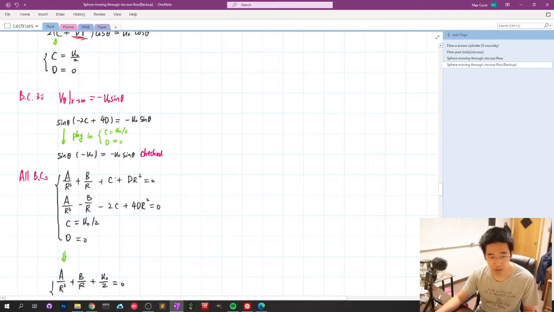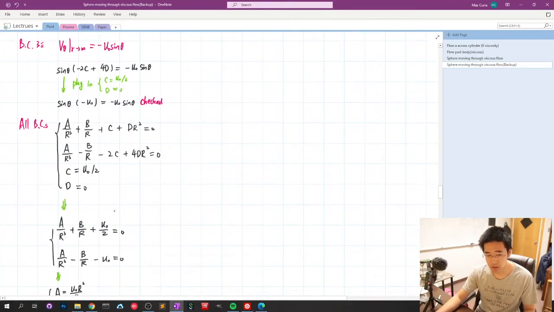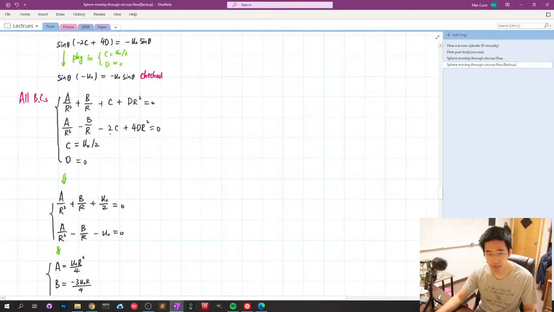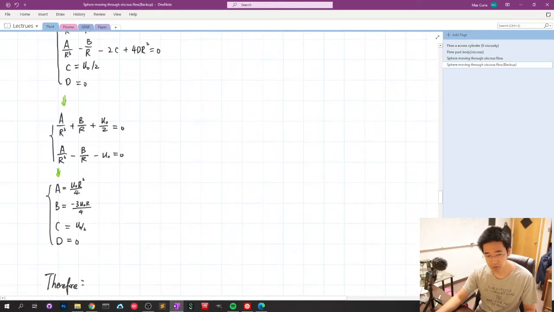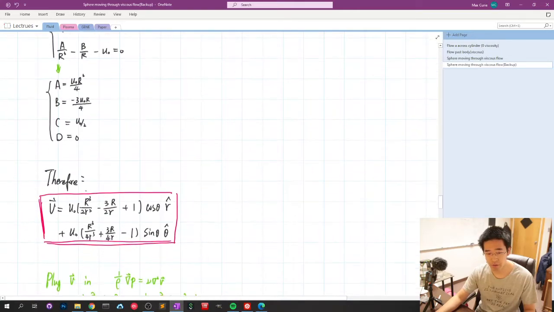Great. So now we have all 4 equations, and we have 4 unknowns. Then we can solve for a, b, c, d. After some relatively trivial algebra, we have this a, b, c, d. So we have finally the velocity flow.